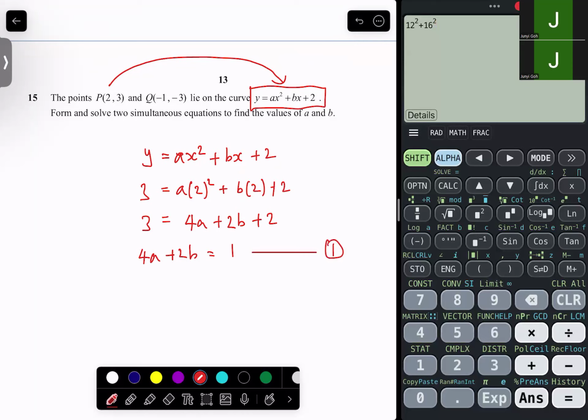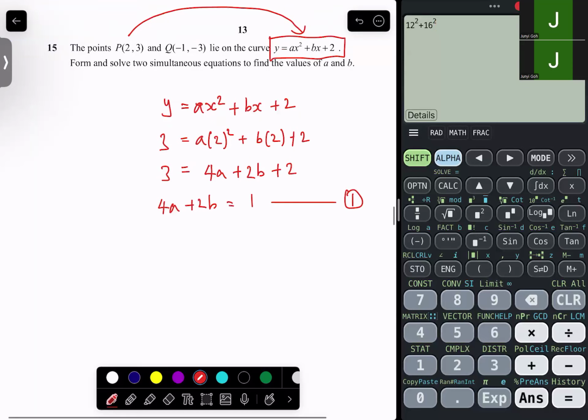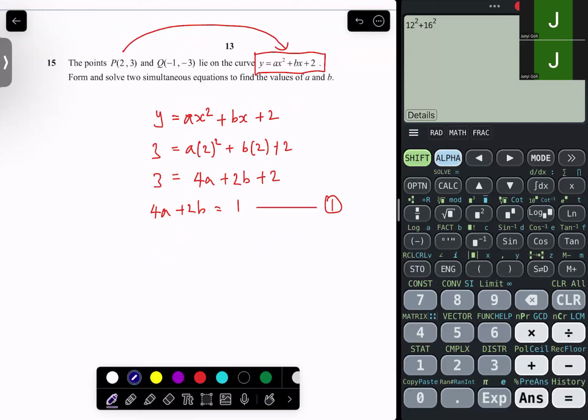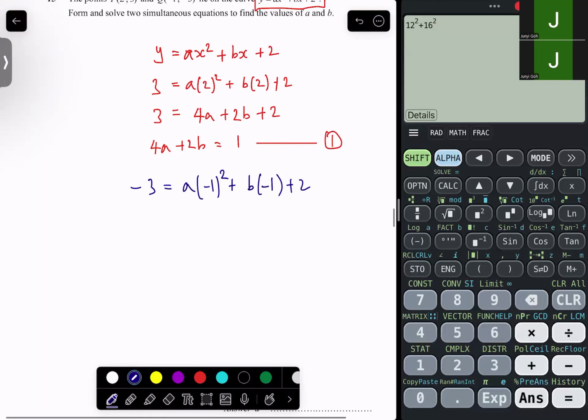Equivalent. Now second, I will sub in the negative 1 and negative 3 into the same equation as well. So negative 3 equals a times negative 1 squared plus b times negative 1 plus 2. So negative 3 equals a minus b plus 2.